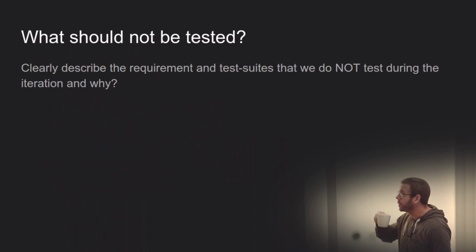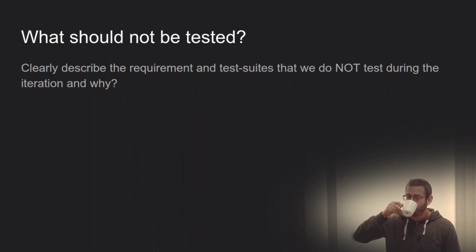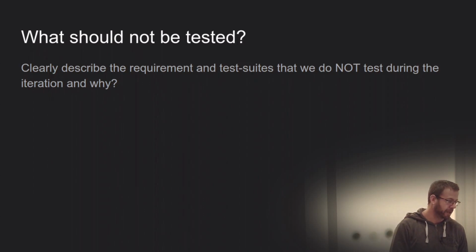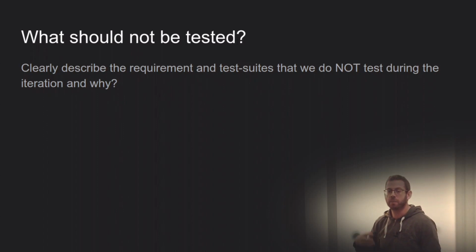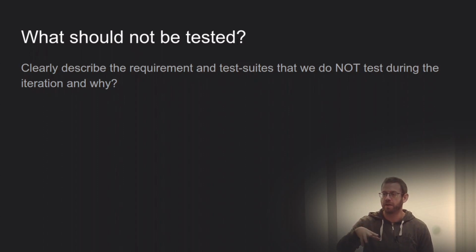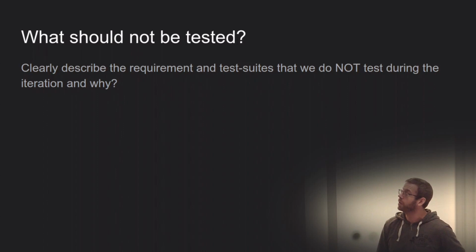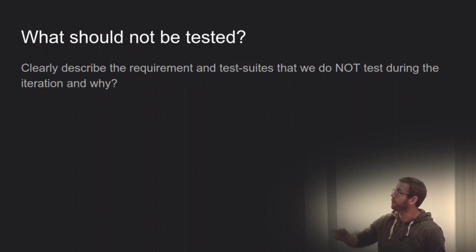We also need to describe what should not be done. If some reader is going to read our documents, they need to understand why we didn't test some part. So we prioritize this part because it's new, or because we've updated it, or because we find it important.